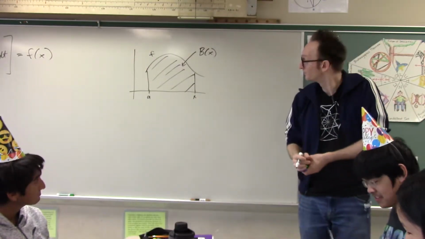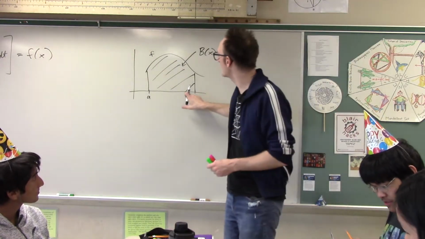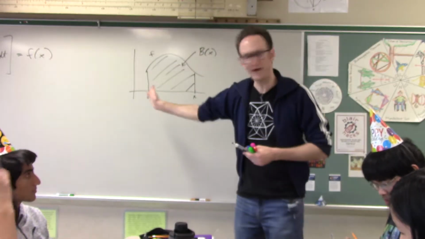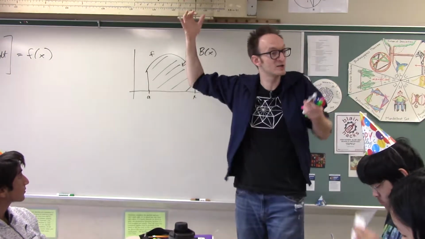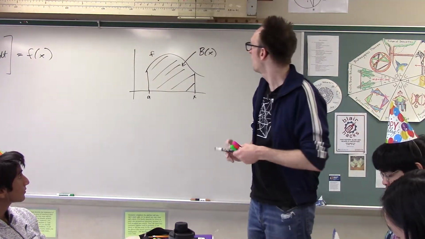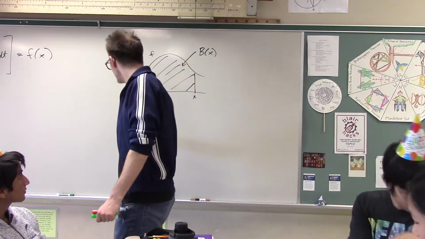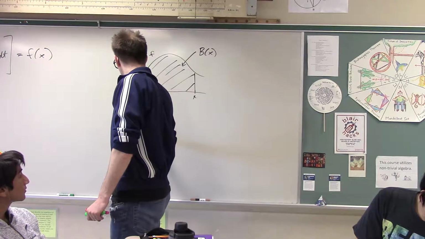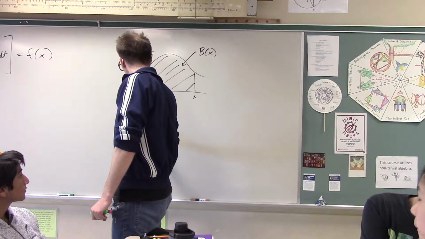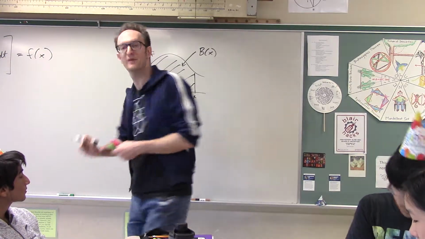Okay, so is everyone feeling that as x moves to the right, we are getting more and more area, and the B function is changing, yeah? Well, what we are asking for is simply, what is the derivative of the B function? And what does it even mean to take the derivative of a function?